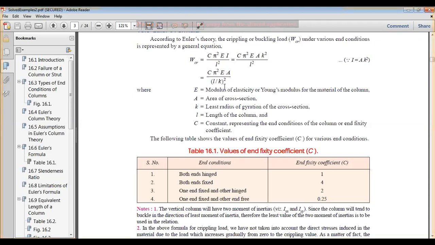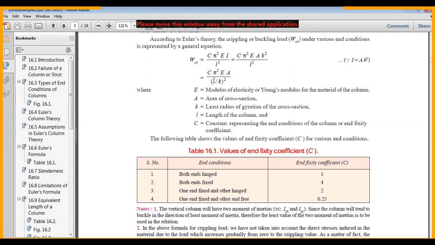So C is equal to 1, and if both ends are fixed, then the crippling load will be 4 times greater than the hinged condition, because there is no way to escape.